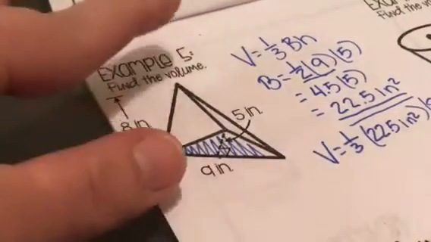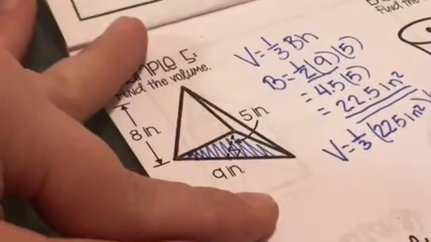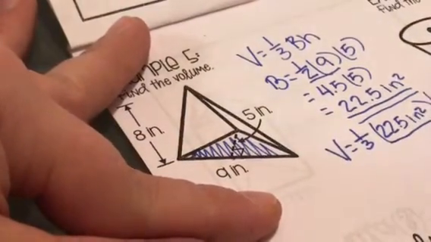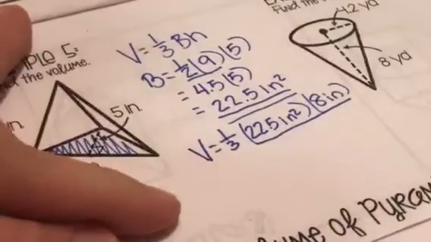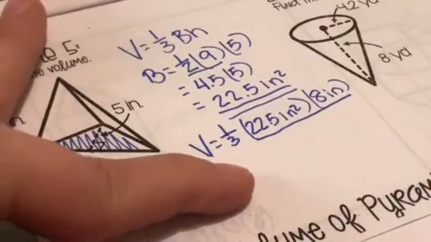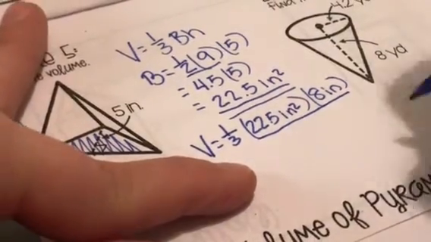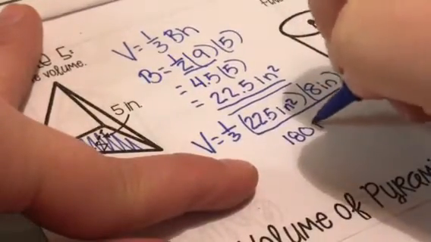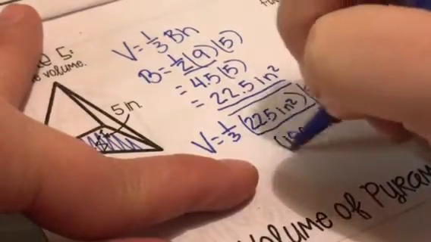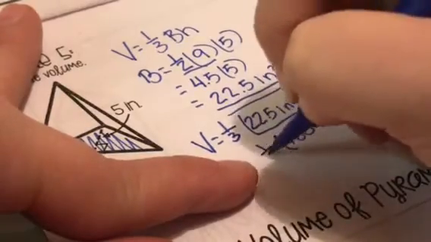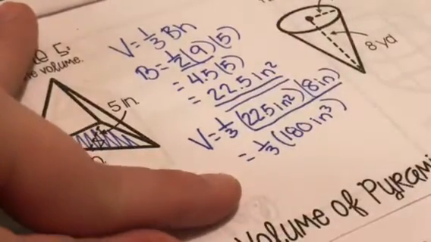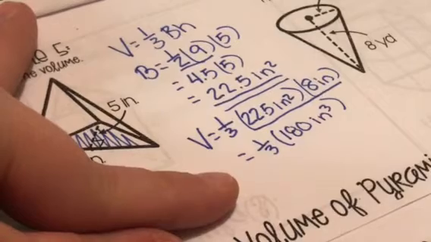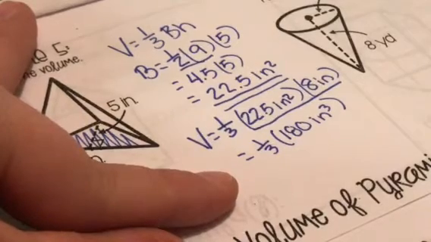Okay? Now this time I'm going to multiply these two because I don't like doing fractions and decimals. So 22.5 times 8 is actually 180 inches cubed. But remember, you have to times that by a third. Remember, timesing by a third is just dividing by 3.